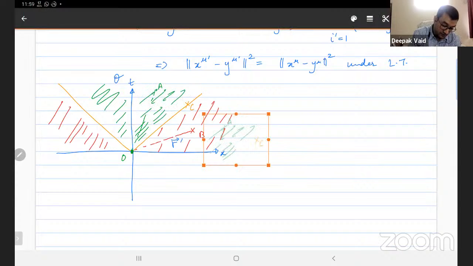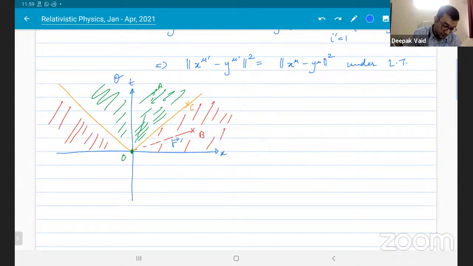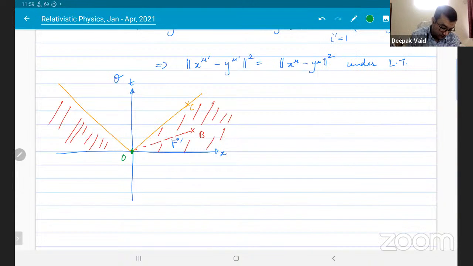Okay. Right. So we have somebody who's moving at some velocity v, and this is the observer O prime.